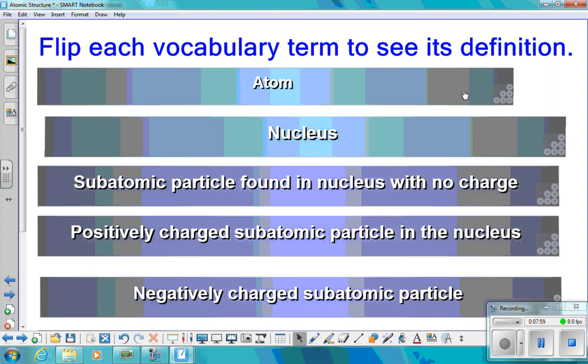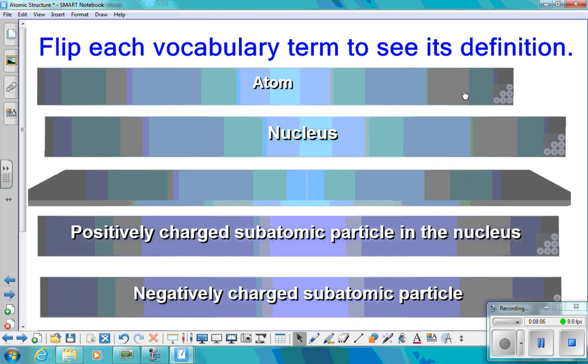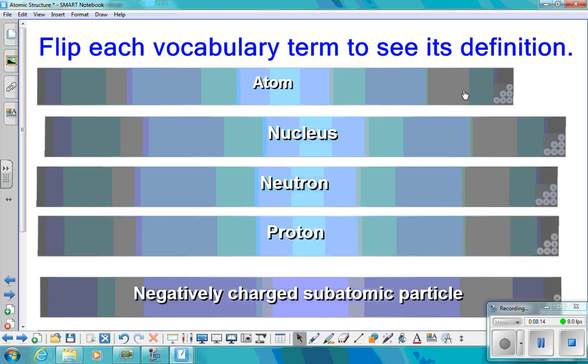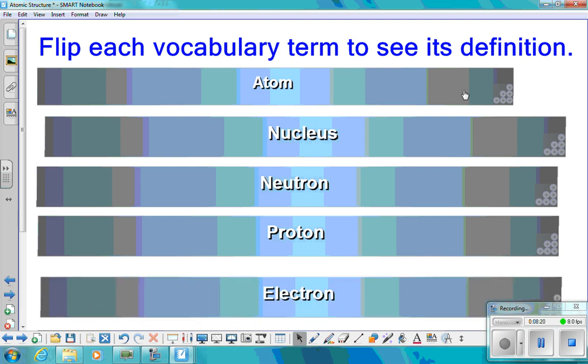Subatomic particle found in the nucleus with no charge is called what? Neutron. Positively charged subatomic particle in the nucleus. Proton. Negatively charged subatomic particle. Electron.